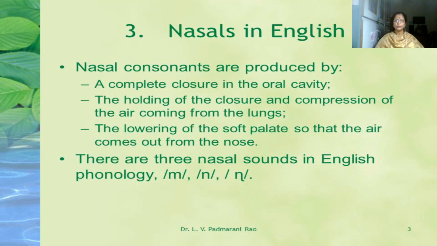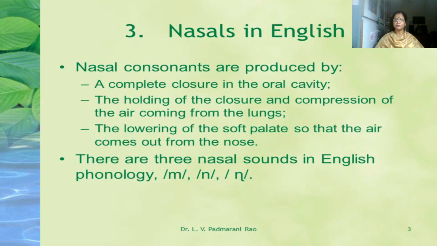For the nasals also, a complete closure of the oral cavity is observed because the active articulator makes a firm contact with the passive articulator to close the oral passage of air. But in nasals, for the first time, we observe that the soft palate is lowered in order to open the nasal passage of air. So nasals also come under stop consonants because the air is held up and stopped within the oral cavity.